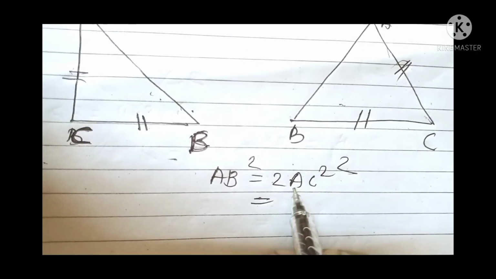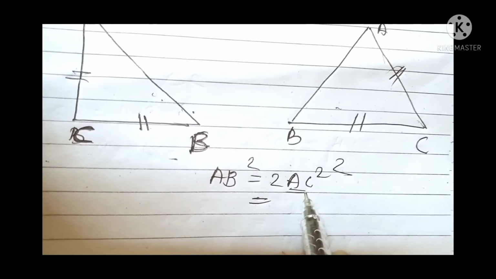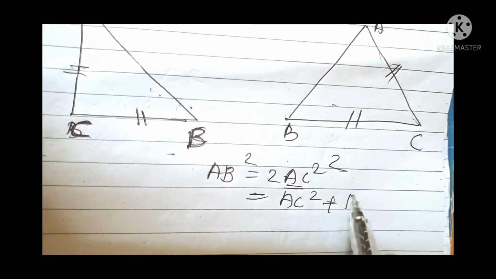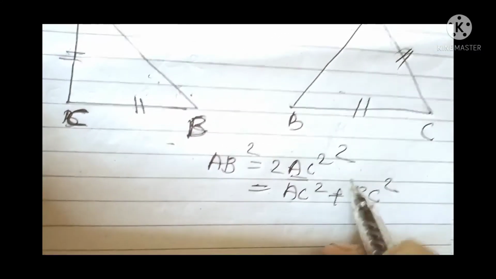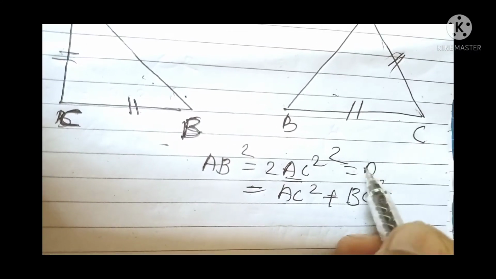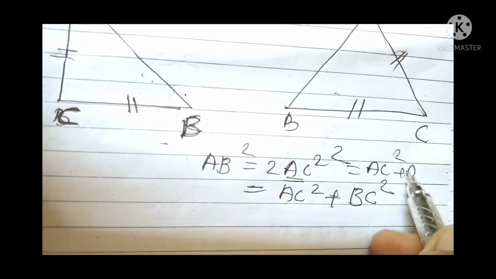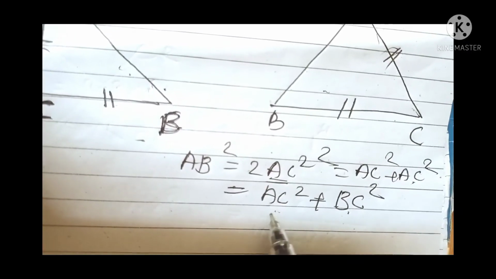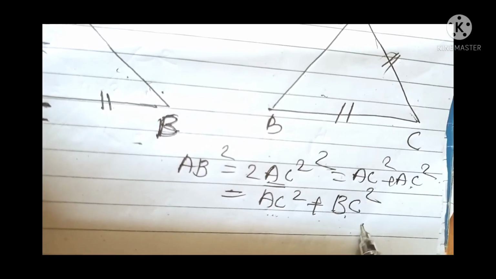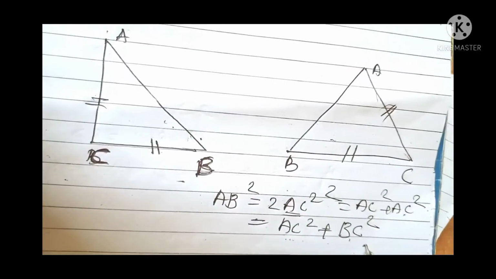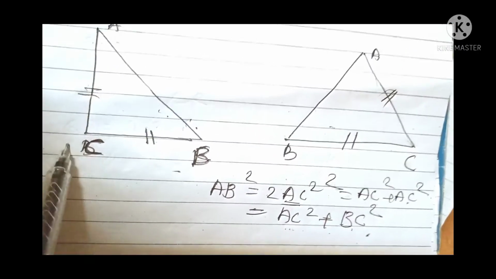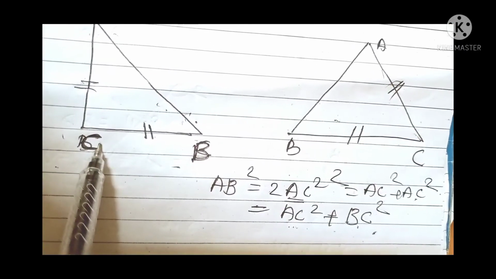Since AC is equal to BC, 2AC square is AC square plus AC square, so it can be written as AC square plus BC square. So in this figure, AB square is equal to AC square plus BC square.